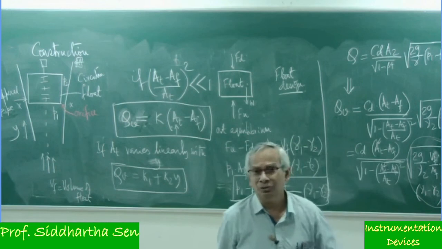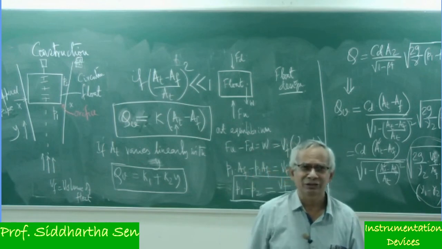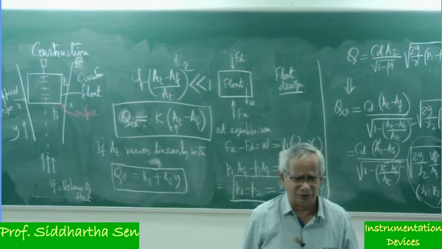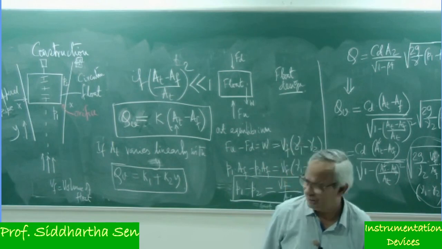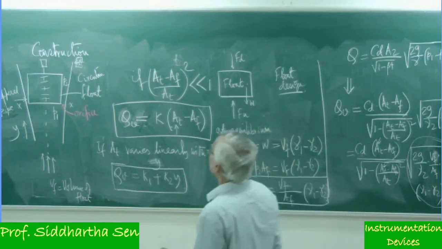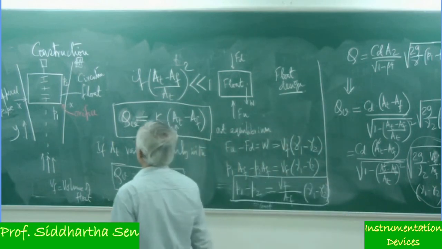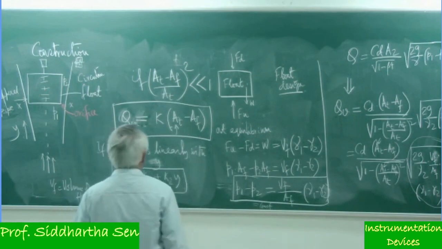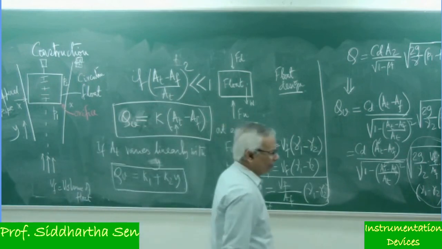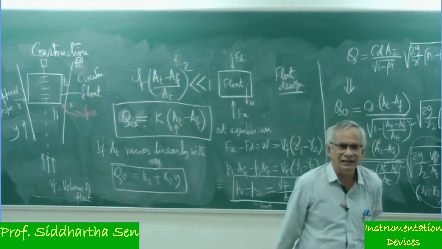Of course, one question remains: why do we call it a rotameter? Because it is a variable area type. Why do you call it a rotameter? That's a question that we'll answer in the next class.